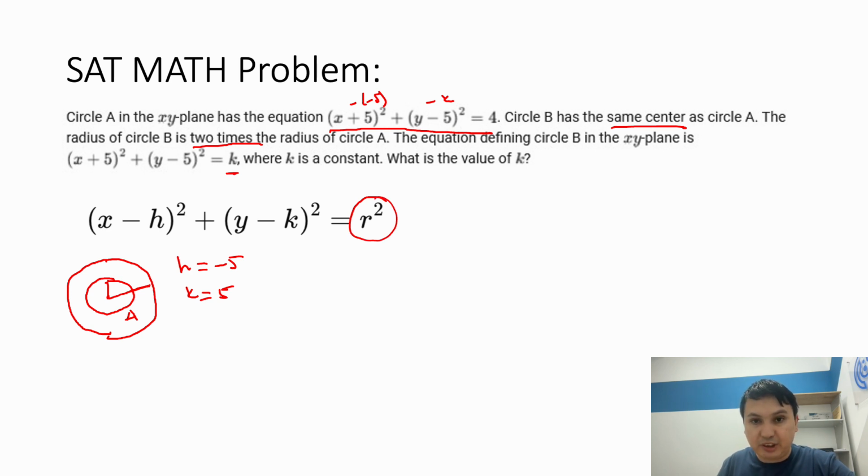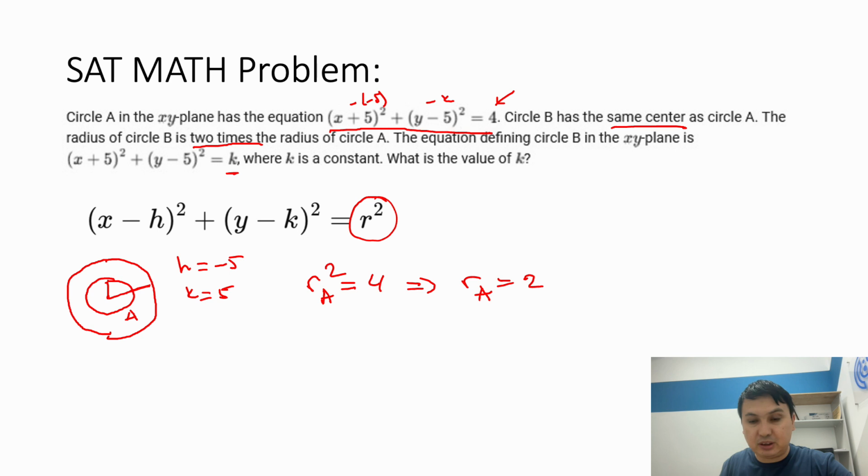What is the radius of circle A? Let's call it RA. Its square is 4, because in the formula we have the square, which implies the radius of the small circle is 2.